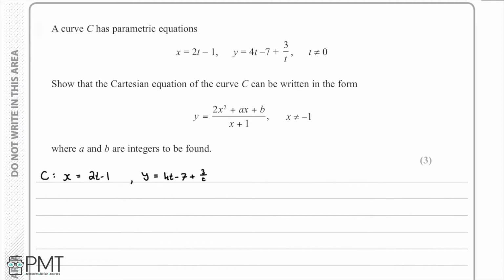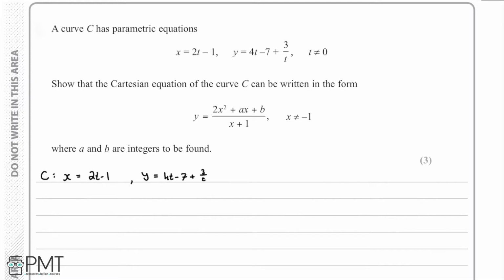So in this question, a curve C has parametric equations x is equal to 2t minus 1 and y is equal to 4t minus 7 plus 3 over t. And we know also that t will not be equal to 0.